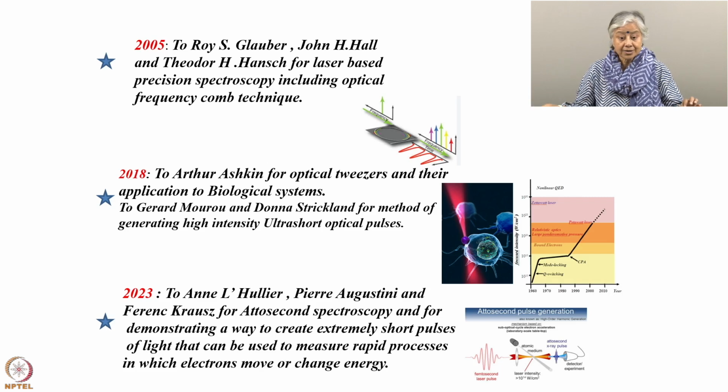So what Arthur Ashkin did was he had this tiny bead here. This is a schematic diagram, not an actual photograph, but this is a small bead, and this is a laser light, this is another laser light. Now what you can do with this laser light is you apply pressure, you apply a bit of force, and you are able to manipulate this bead anywhere you like.